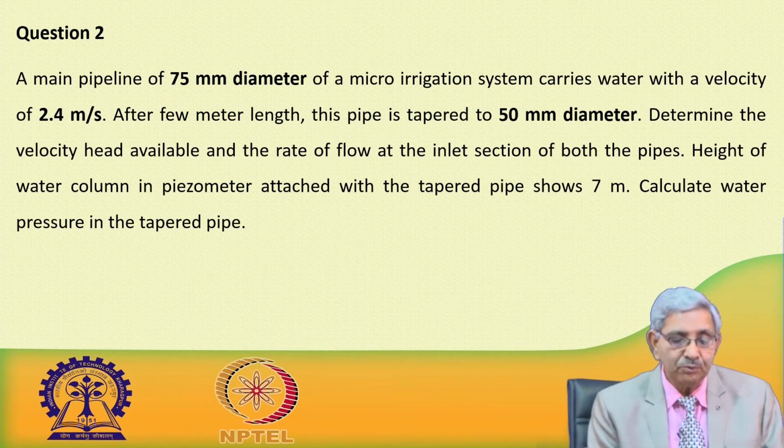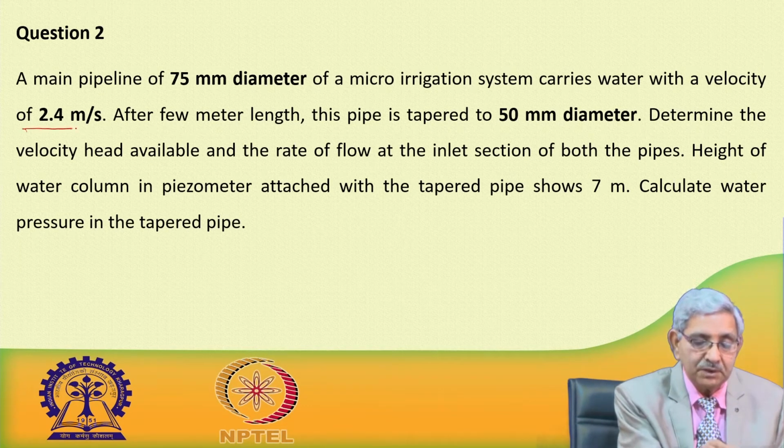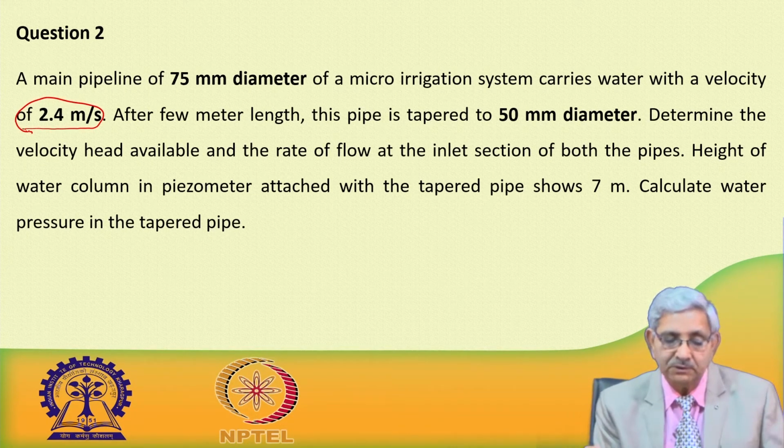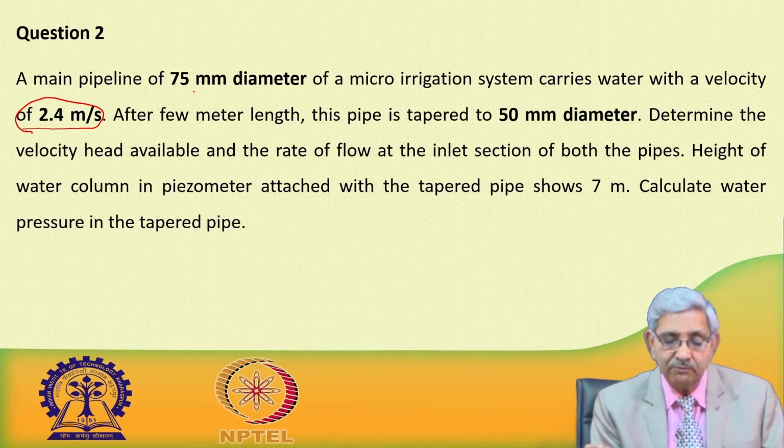Now, in question 2, we are given a main pipeline which carries water with a velocity of flow of 2.4 meter per second. The diameter of the main pipeline is 75 millimeter.